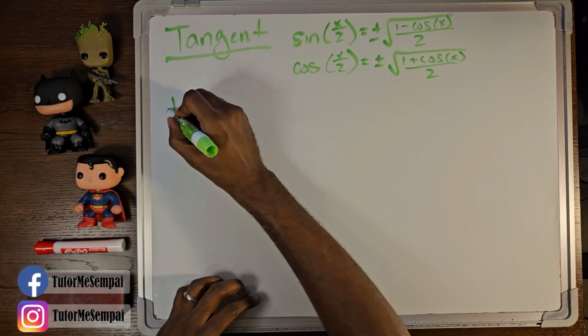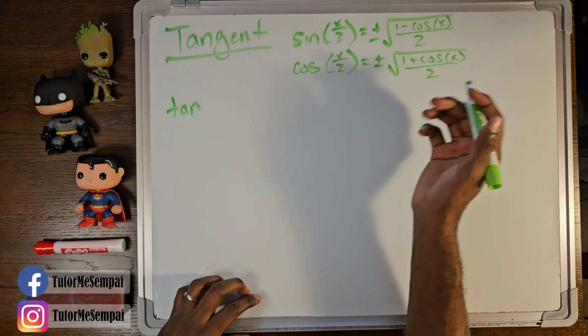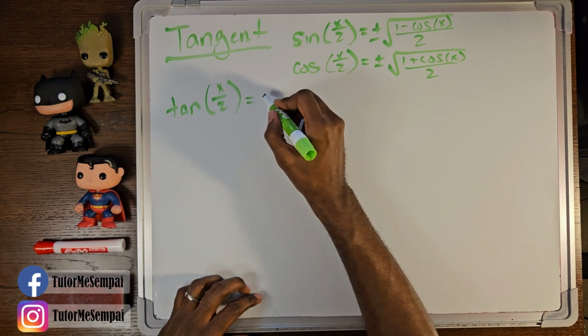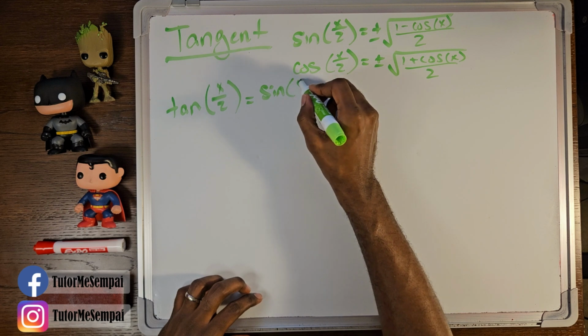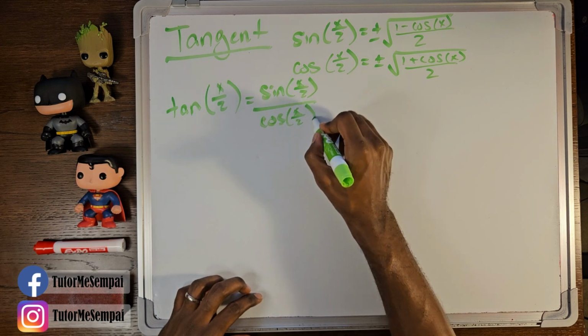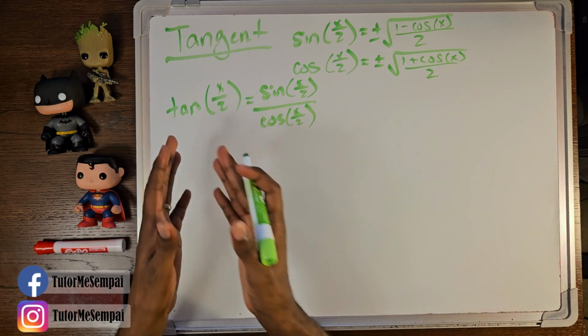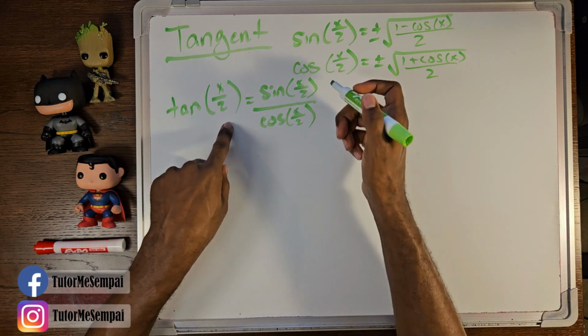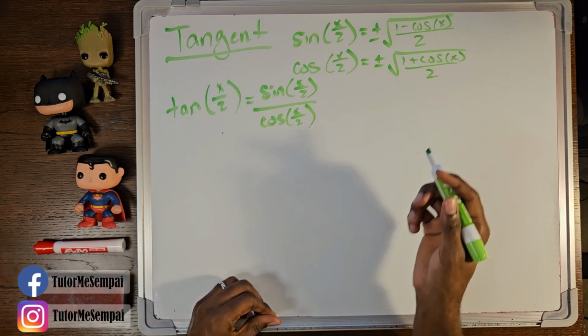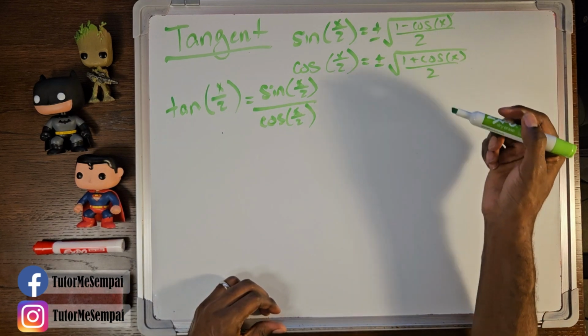Tangent, making sure everything's consistent, and notice everything's in x's now, of x over 2. Our half angle is going to be sine of x over 2 over cosine of x over 2. Just like what we just wrote, tangent equals sine over cosine, and you make sure you keep that same angle the same. And we're going to rewrite this because we know what sine and cosine are.